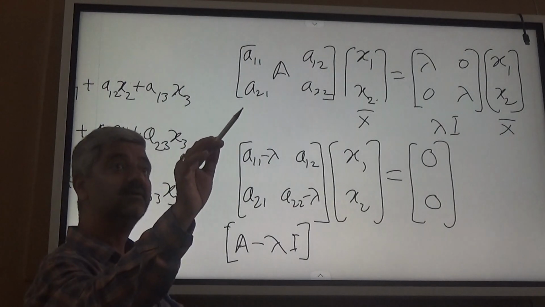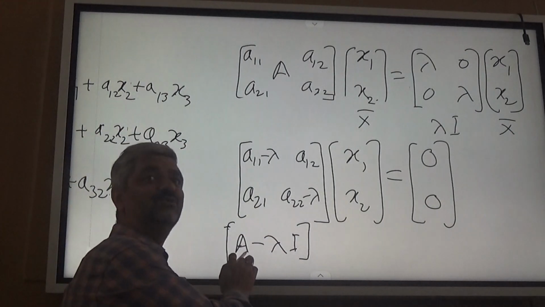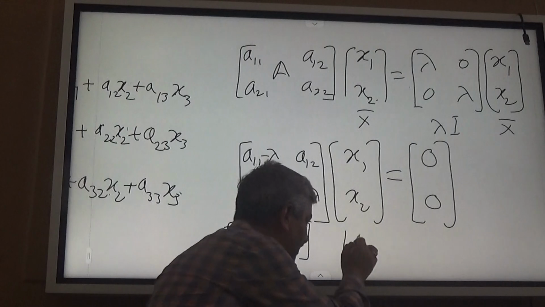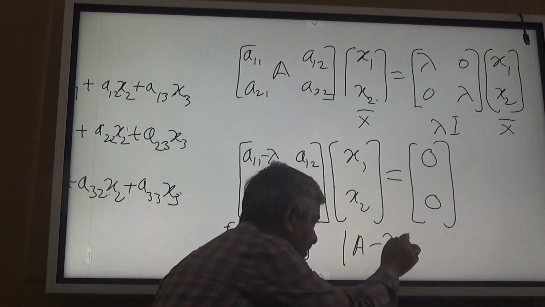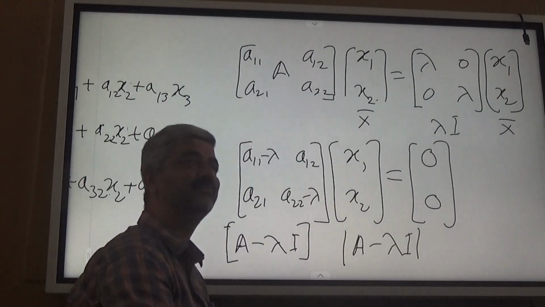What? Determinant of this is 0. So the determinant of A minus lambda I is 0.